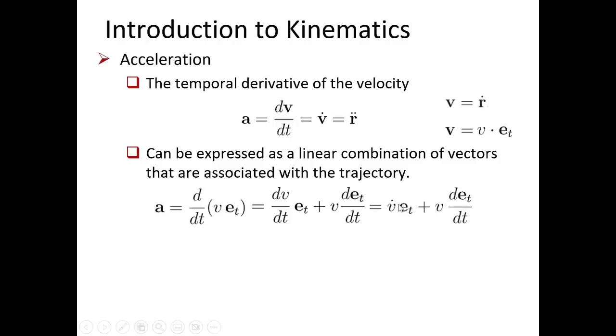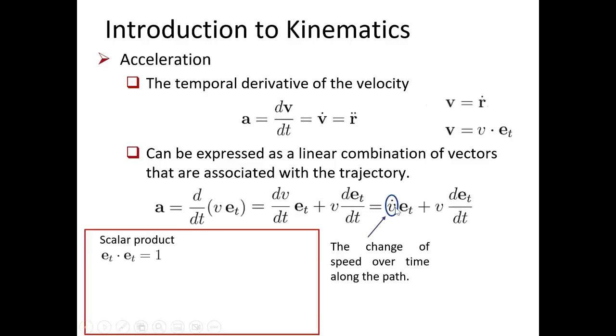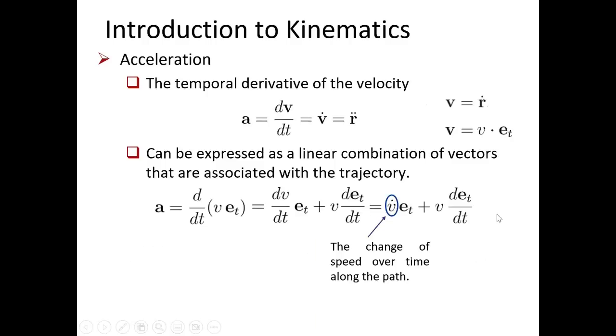So v dot et, plus v det over dt. This is the change of speed over time along the path, that is the tangential acceleration. And of course, this is the rate of change of tangential direction.